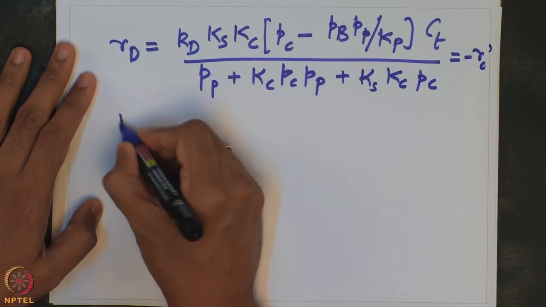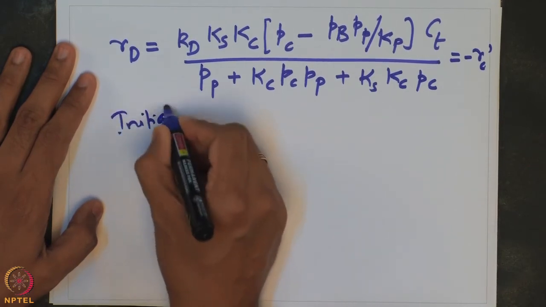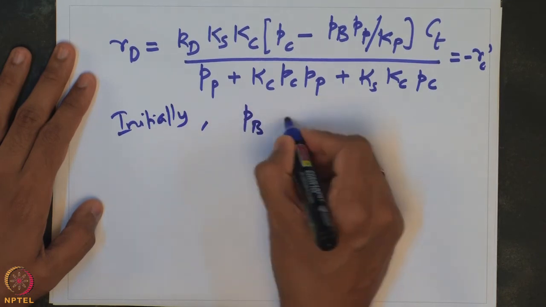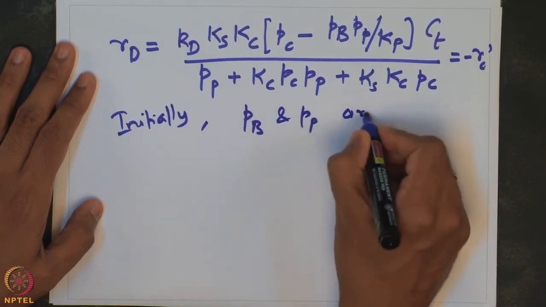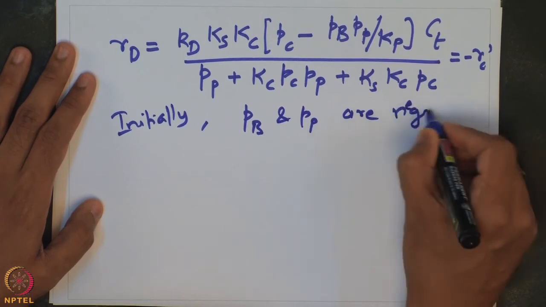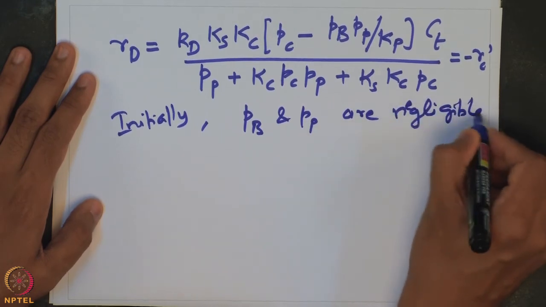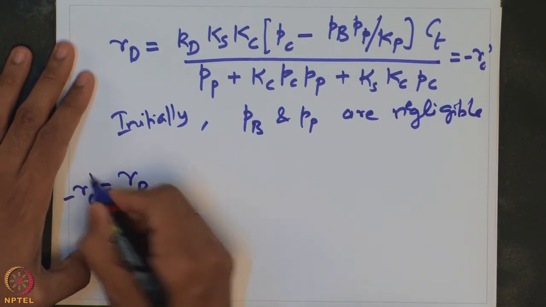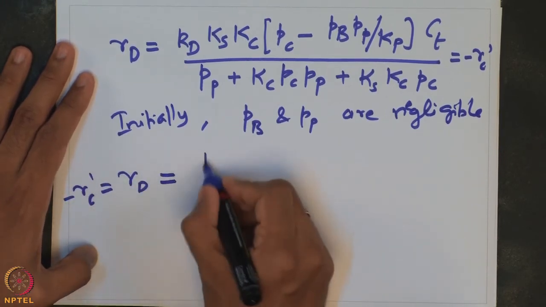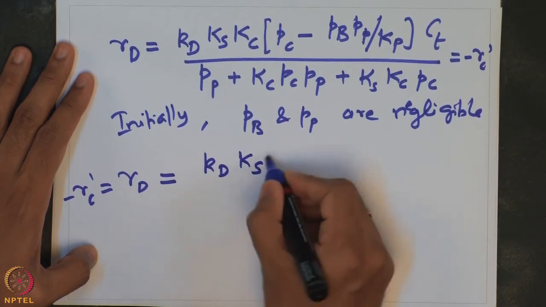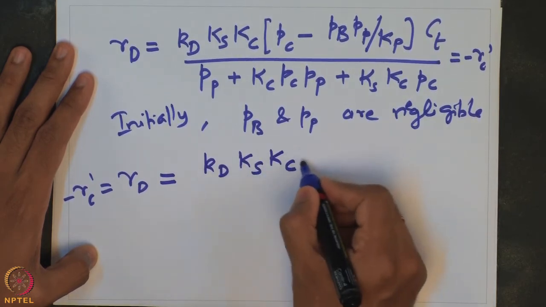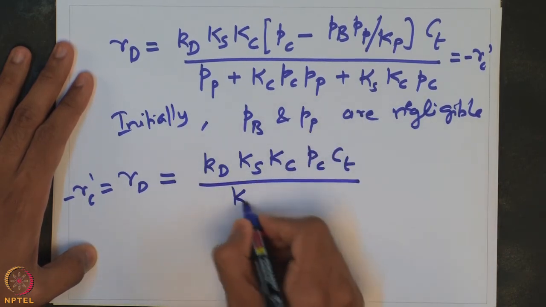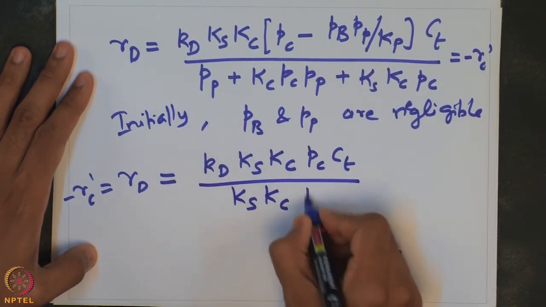In the initial phases, when partial pressure of benzene and partial pressure of propylene are negligible, we substitute that here. So, Rd, which is equal to minus Rc prime, will essentially be equal to Kd Ks Kc Pc Ct divided by Ks Kc into Pc.